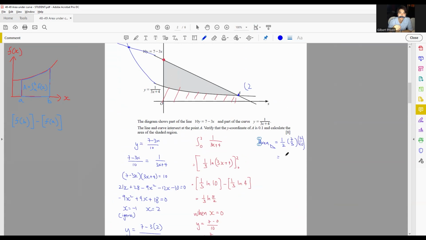Type this into the calculator, you would have gotten 49 over 60. So the big triangle minus the area under the curve minus the small triangle.